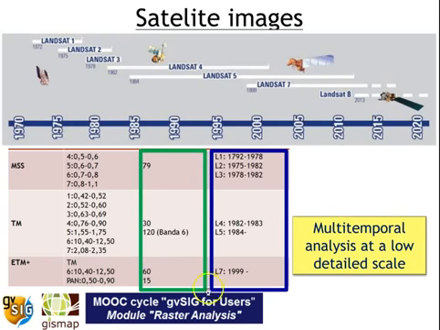So you cannot see objects smaller than 15 meters. At the same time, these images are very useful for multi-temporal analysis since, as I told before, data have been available for a long time.